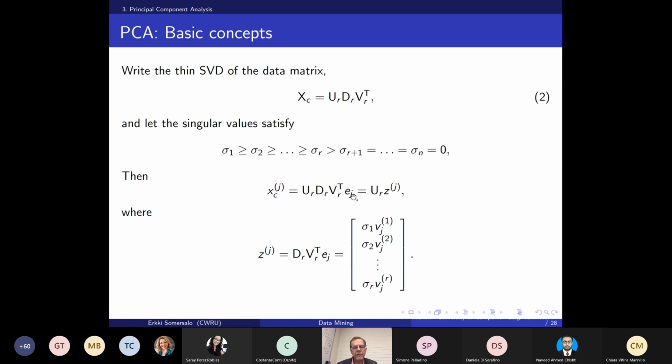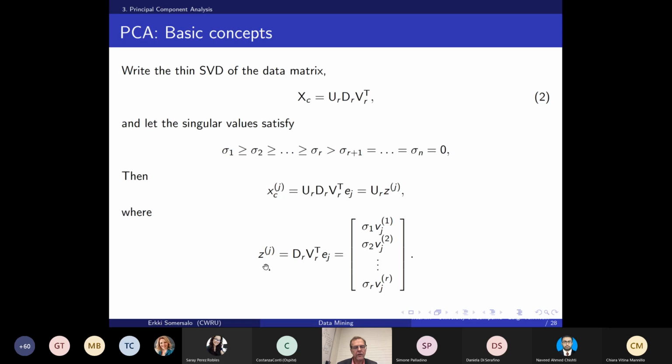So you take ej, first of all, you multiply it by the matrix Vr transpose, so you get a vector of length r. So there are r components in that. And then you're multiplying these vectors by the diagonal matrix Dr. And so remember, there are only r non-zero components there in the diagonal. So what is this cj here?